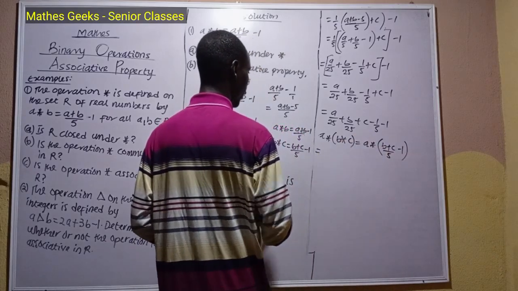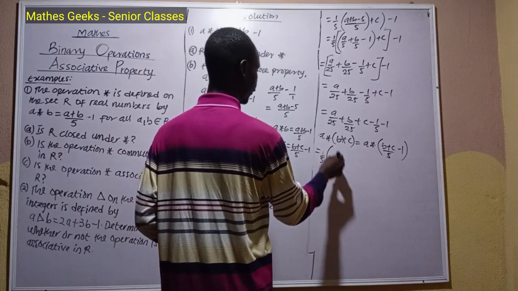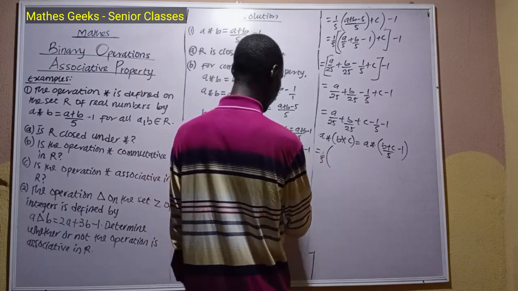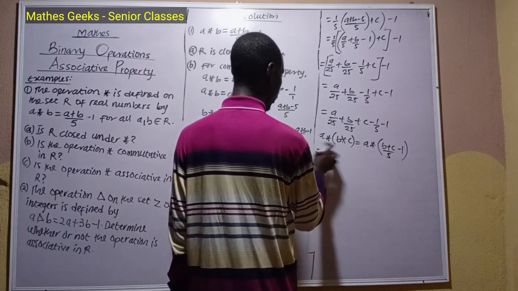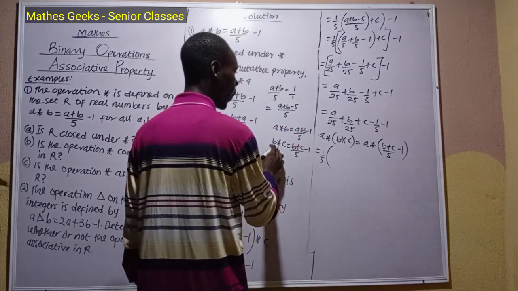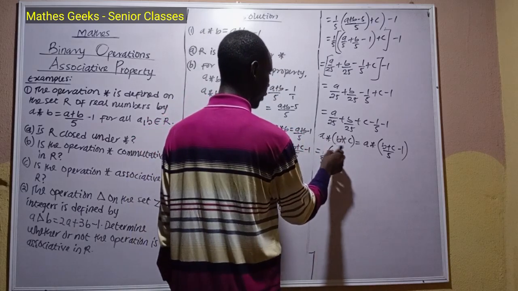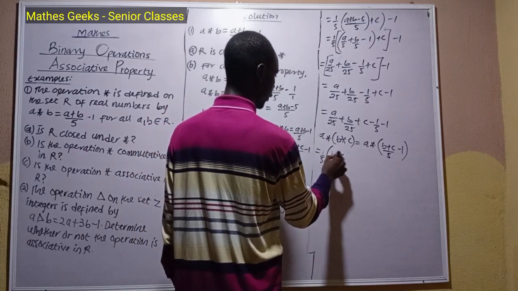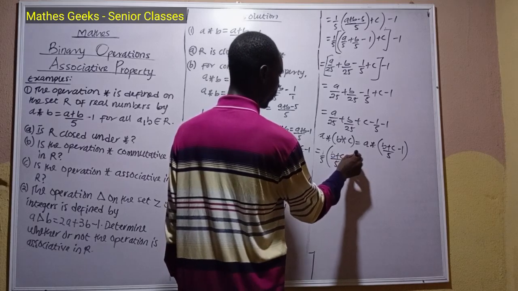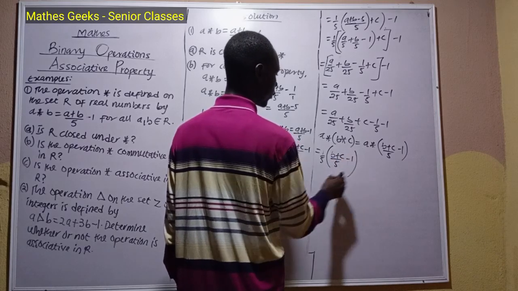So this will give us 1 over 5 A. What you have now, B is B star C, B plus C over 5 minus 1.